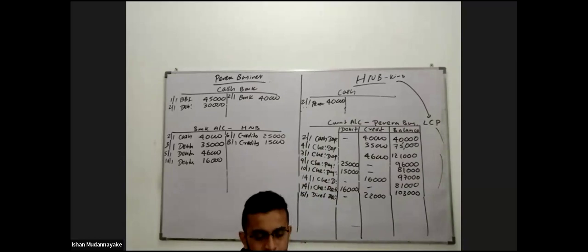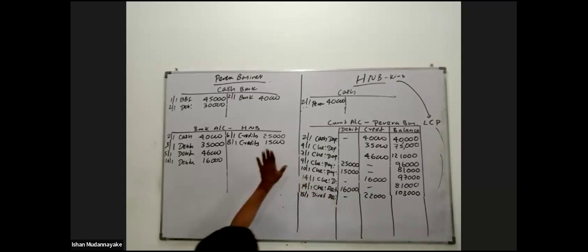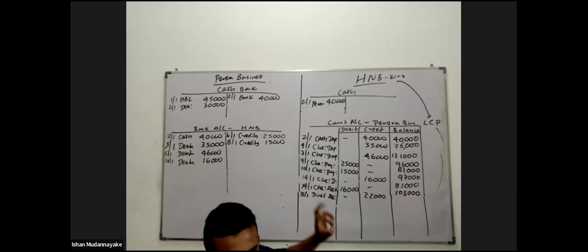No, no. We can record it, but after preparing this bank account, later we prepare another account that is called the adjusted bank account. In that adjusted bank account, we record those remittances. In the first week of February, Pereira will collect the printed bank statement sent by the bank.